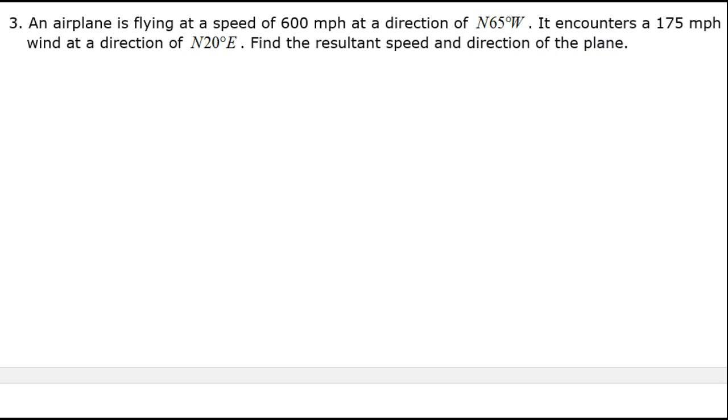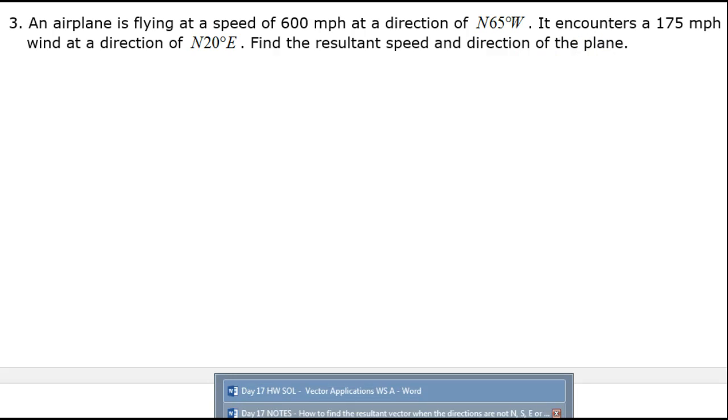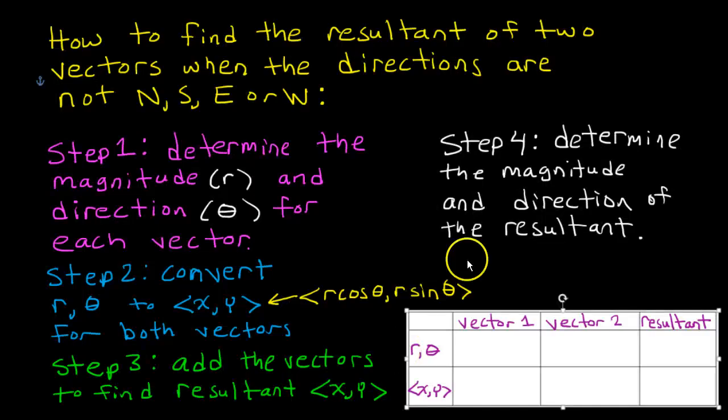First, some notes. Let me give you the overview here. These notes describe how to find the resultant of two vectors when the directions are not simply north, south, east, or west. We are going to do these 4 steps. Step 1, we're going to determine the magnitude and direction for each vector.